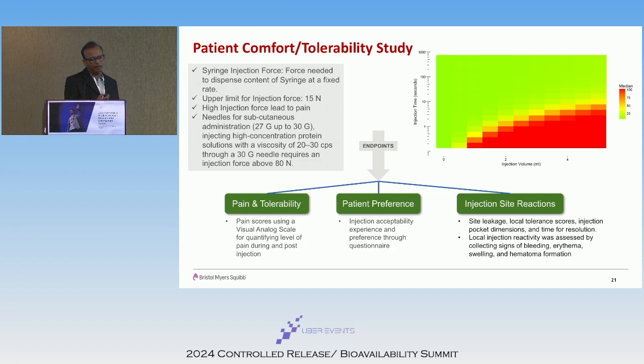In summary, we also do patient tolerance and patient preference studies, because before we select the device we must consider the tolerance and the injection site reactions. These are all parameters we need to consider before we select the device. Device selection and development are very expensive, so we need to address these important considerations before we have the final device in the clinic.